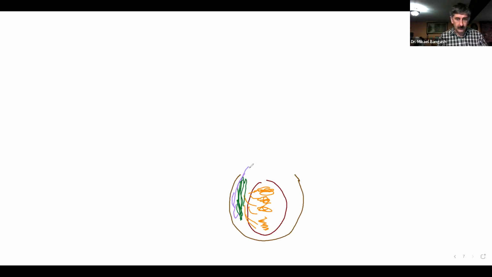It leaves the scrotum together with the testicular artery and testicular vein. This structure together, which we'll call the spermatic cord, runs through the inguinal canal.